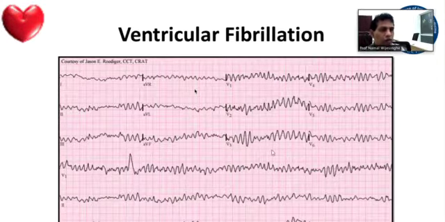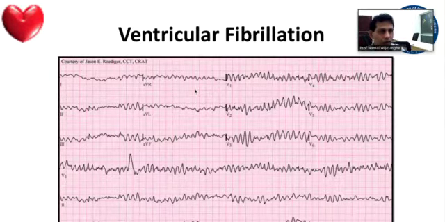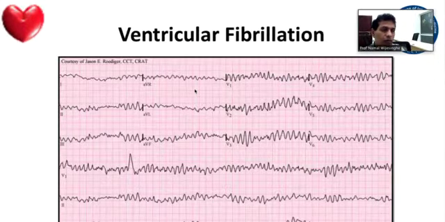That is exactly how you identify VF. But as soon as you see this, don't take the ECG, but jump onto the chest and start CPR. I hope you all are conversant with CPR and ALS. You will have to do it many times during your internship.